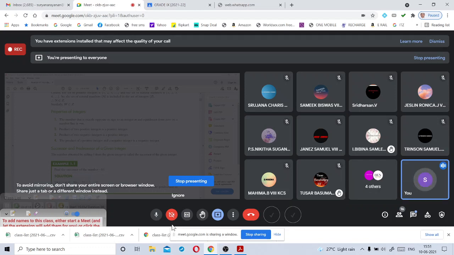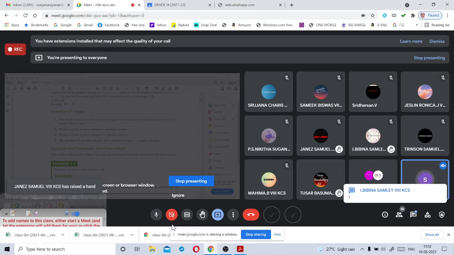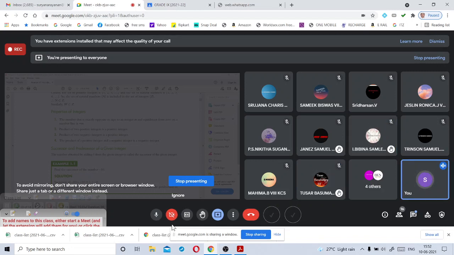Tushar also raised his hand. What about Nikita? I am asking the predecessor of 0. Sir, minus 1. Yes, my dear Bibina. Yes, Janej and Tushar raised their hands. What happened, Nikita? Not responding anything?